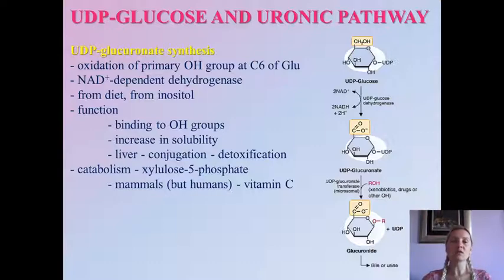A more detailed story about detoxification in some other videos. Catabolism of UDP-glucuronate goes in the way that the final product is xylulose 5-phosphate, which can be further catabolized or modified in mammals, but not humans, to vitamin C.